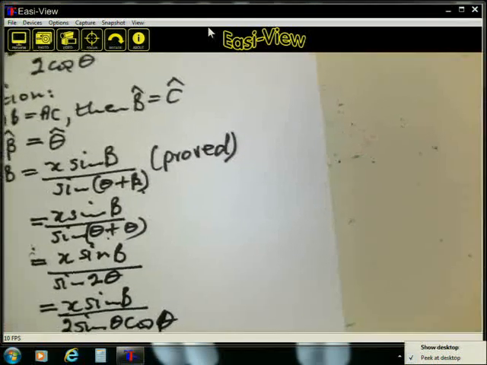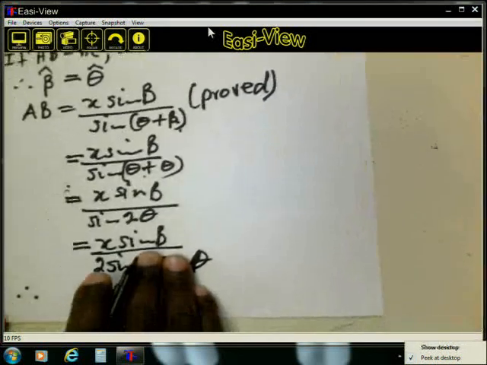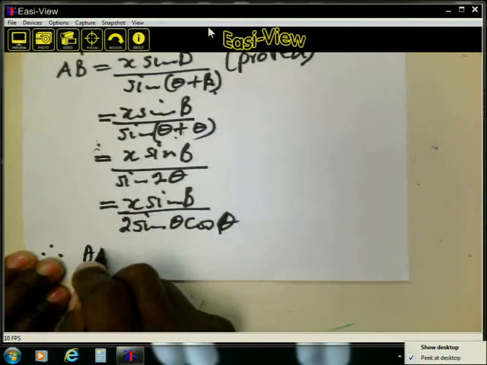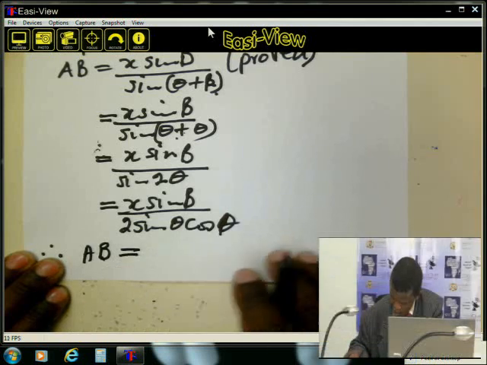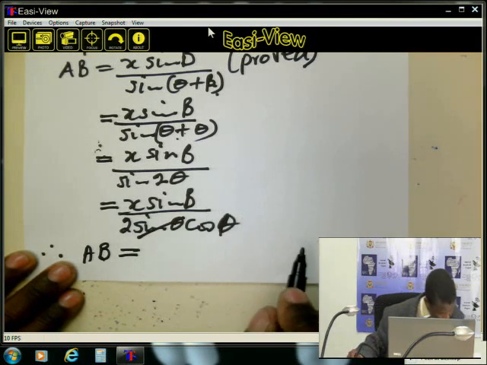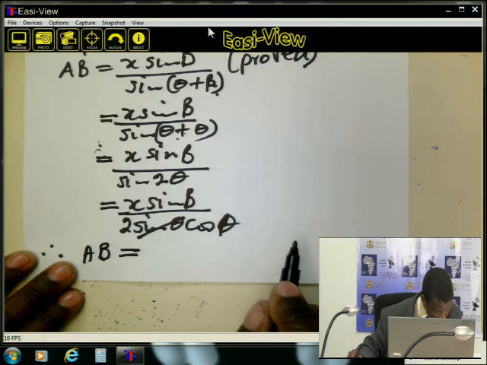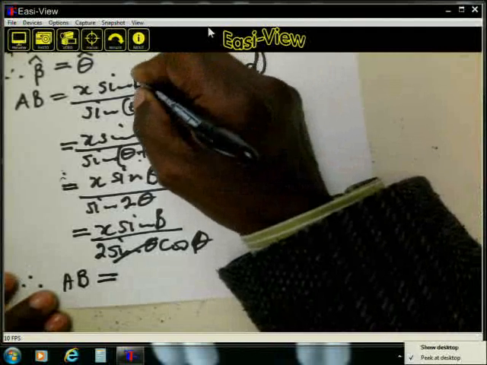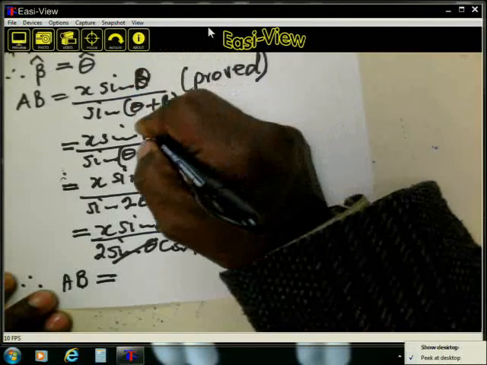Therefore, AB is equal to, rather, on top here we have x sine theta, not x sine beta, x sine theta.